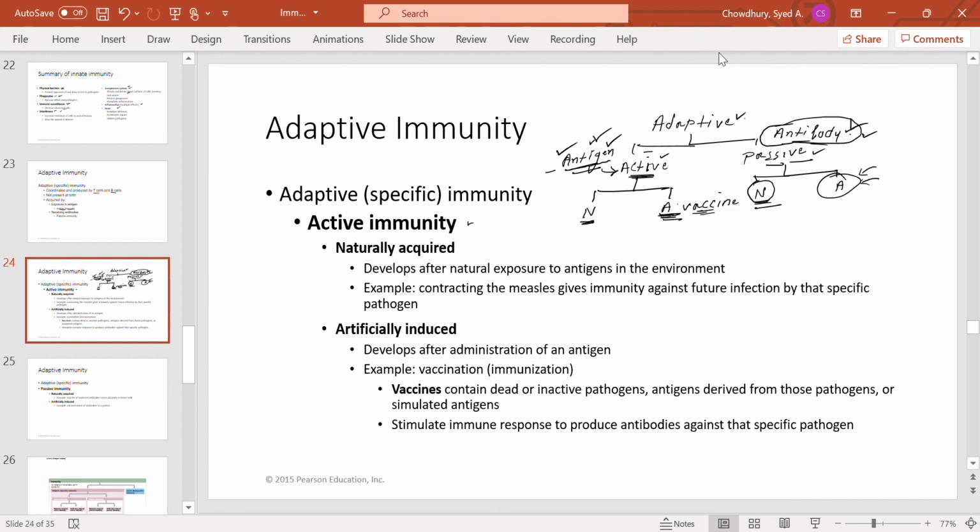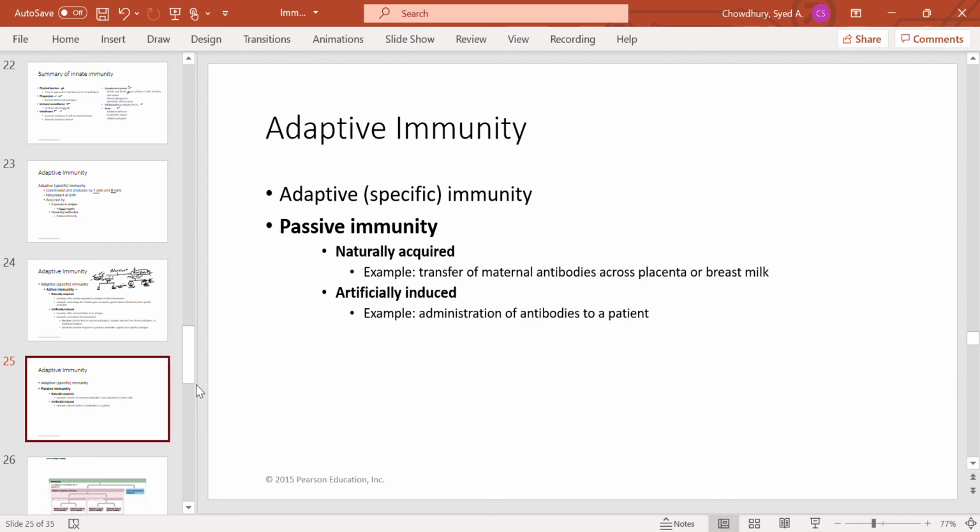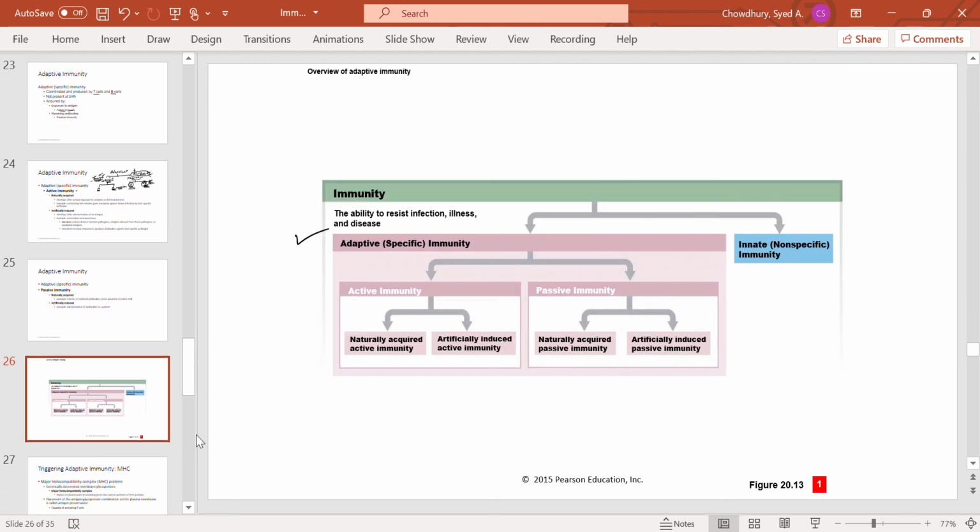Okay, so we make the antibodies in the lab and we'll inject into that person's body, because that person's body cannot produce antibody, so we have to give from outside, right? So in case of passive, we give antibodies from outside. Babies get from mother's milk, and AIDS patient get from outside, as injected form. So that is artificial, because we make in the labs. Okay, so this is the classification: active, passive, natural, artificial, natural, artificial. Okay.